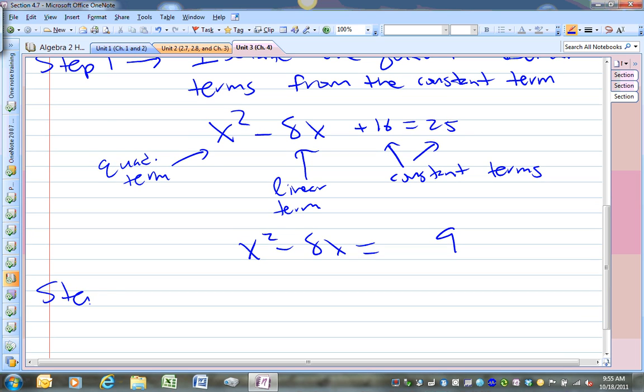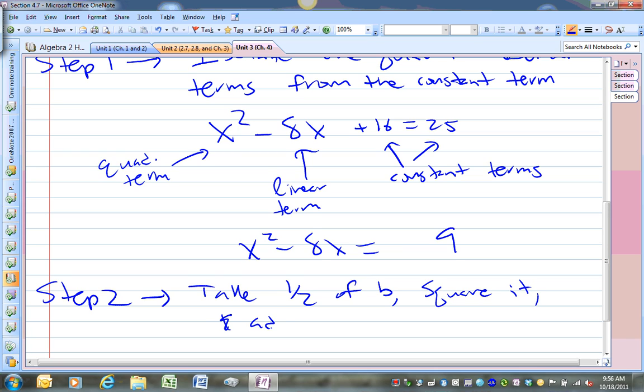Step 2, we would take half of b, square it, and add it to both sides. Now this might seem a little confusing.